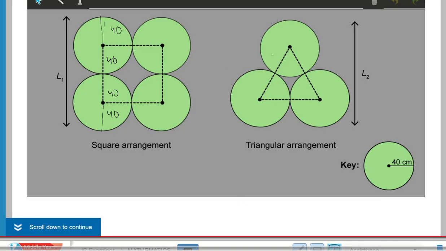Find the length of L2 for the triangular arrangement. Okay, this is 40. This is 40 as well. What's this? L2, the entire value of L. How could we solve it?